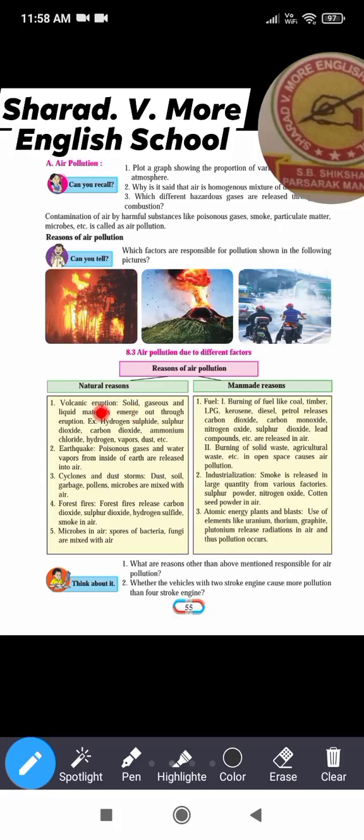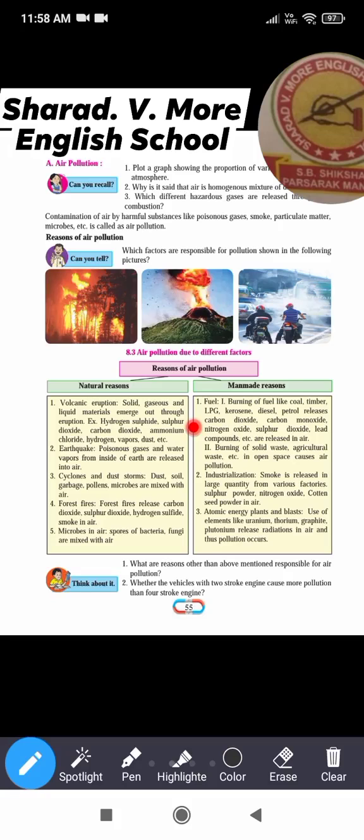First, in the natural reasons, volcanic eruptions. This is shown in Figure 2 in 8.3. This is the volcanic eruption. What happens when there is a volcanic eruption? Solid, gaseous and liquid materials emerge out through eruptions.